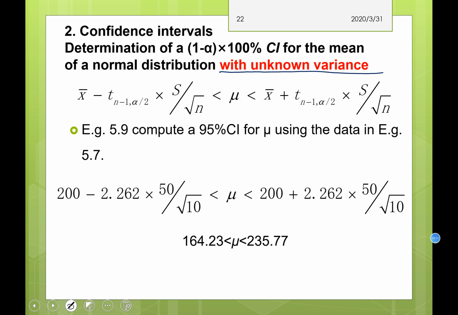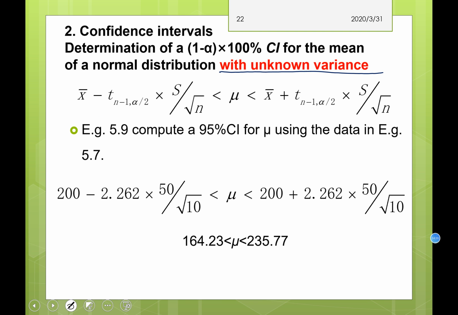So until now we have talked about two methods used for confidence intervals. The first one is the z-test, and the second one is the t-test, but their preconditions are different. The z-test is used when sigma is known, and the t-test is used when sigma is not known.